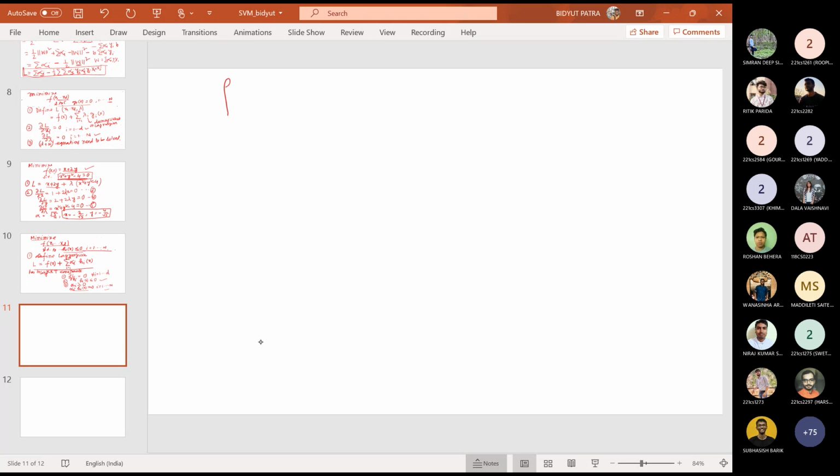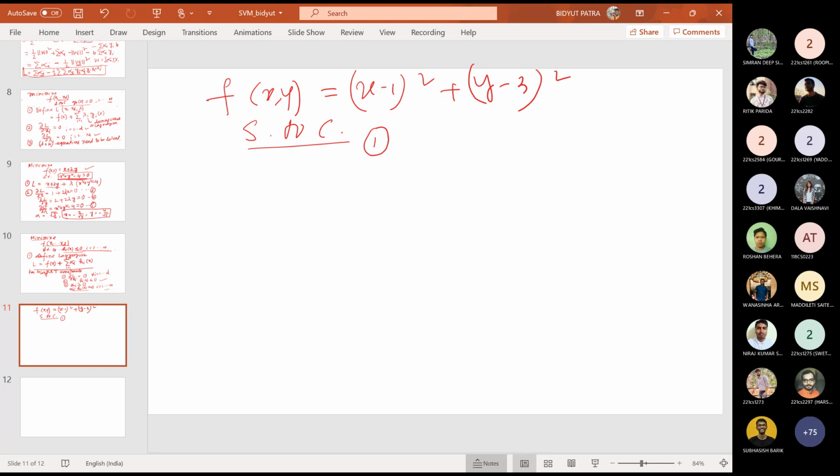We have to minimize the function f(x,y) equal to (x minus 1) square plus (y minus 3) square, subject to constraint number 1: x plus y less than or equal to 2, and constraint 2: y greater than or equal to x. So it perfectly fits our case for the Lagrangian solution.